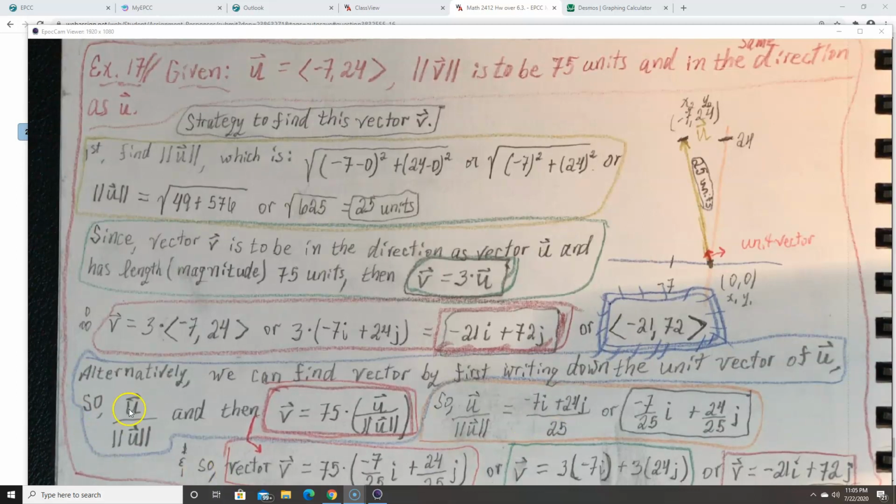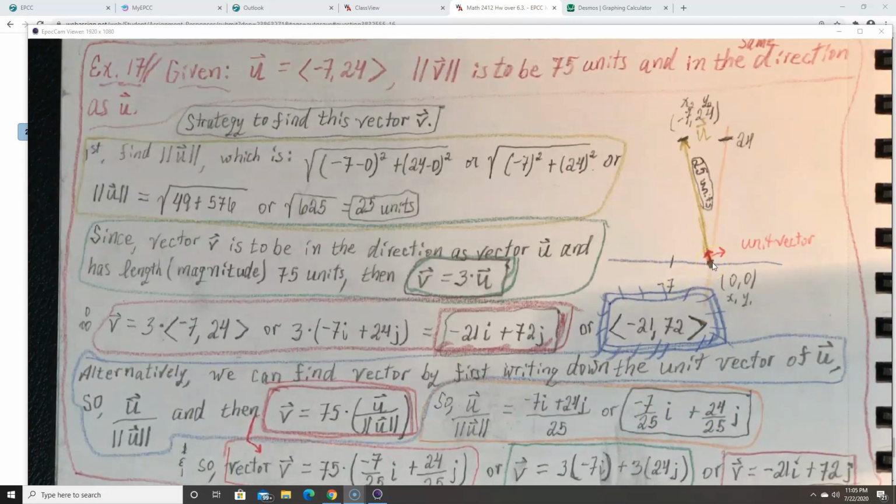So vector u divided by its magnitude is this little red unit vector, and it's negative 7 over 25 i plus 24 over 25 j. So that's this right here.